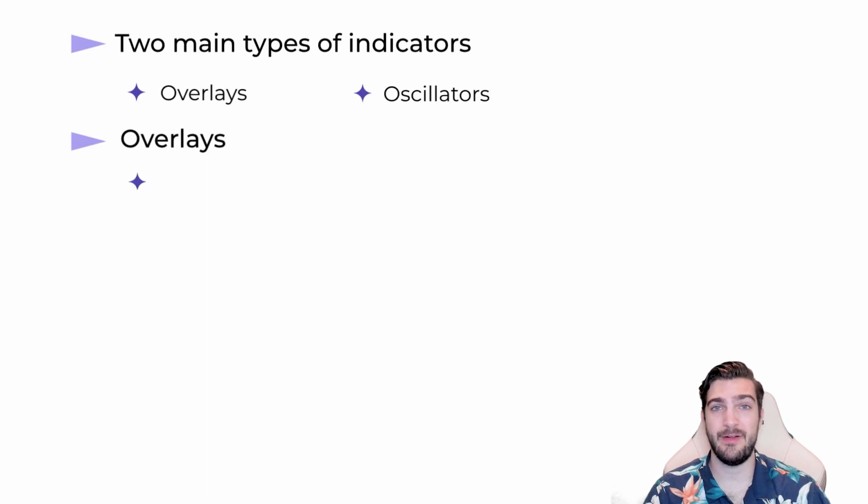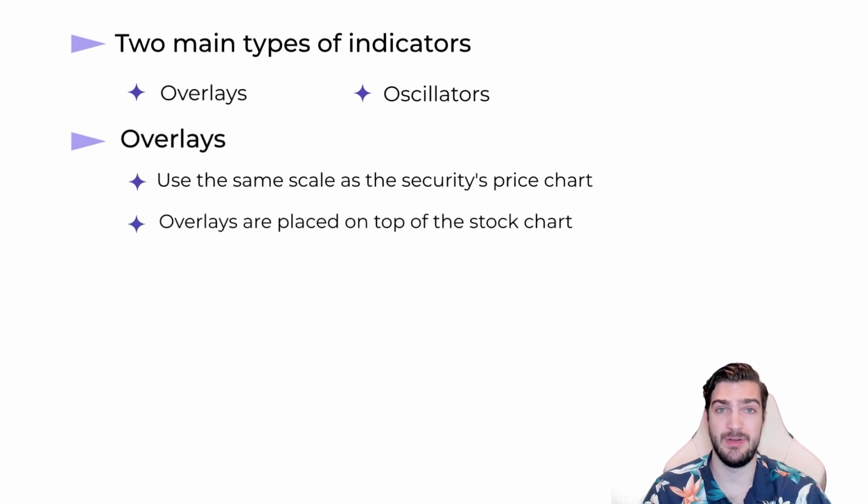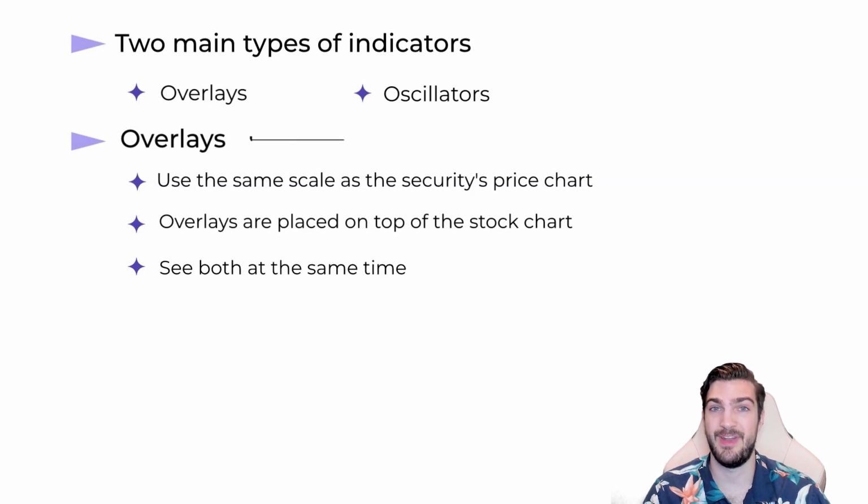Overlays are indicators that use the same scale as the price of that security. Because of this, we can put that piece of information on top of the current stock chart, allowing us to see the stock chart and that piece of information at the same time. That's where the name overlay comes from. That indicator is literally overlaid on top of the price chart.